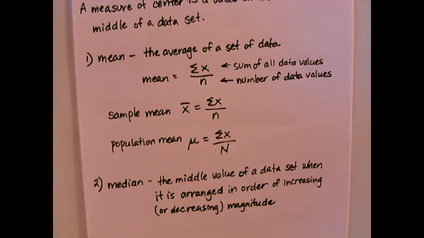In other words, to find the median, you have to put the data set in numerical order, preferably from least to greatest, and that middle number is always going to be the median of that set of data.